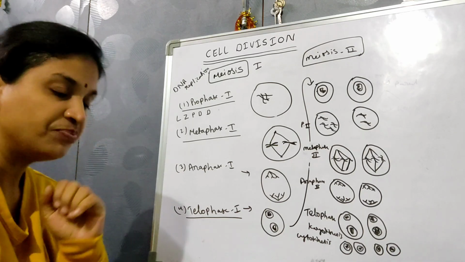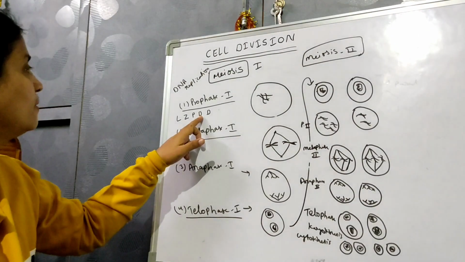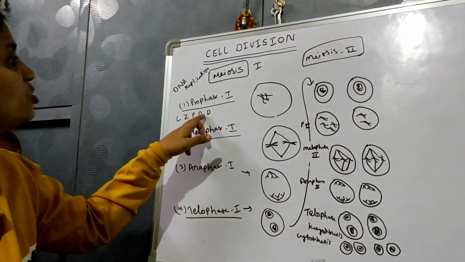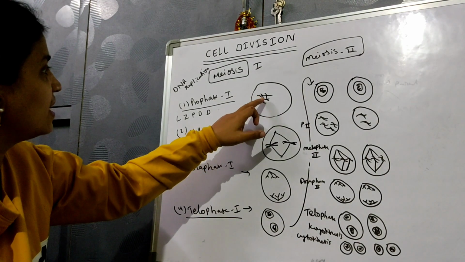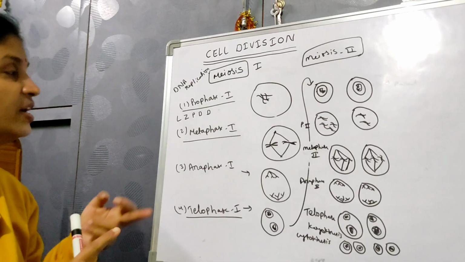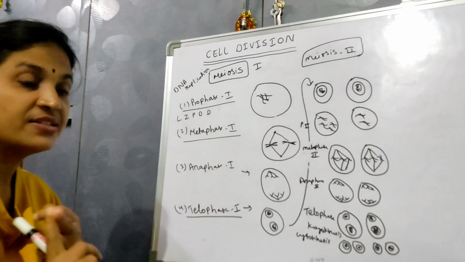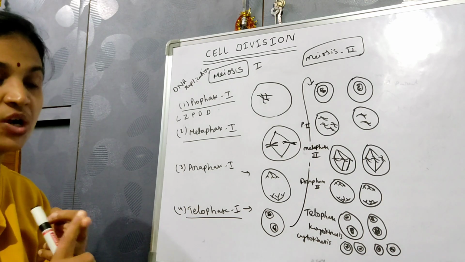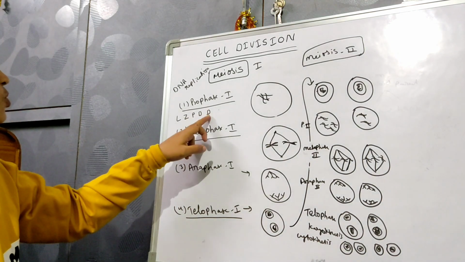Coming on to diplotene, what happens in the diplotene? The dissolution of the synaptonemal complex takes place. But at the crossing over site, they are still linked together, which results in the formation of an X-shaped structure called chiasmata.